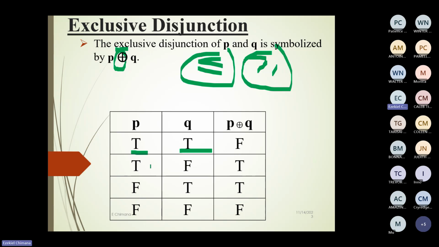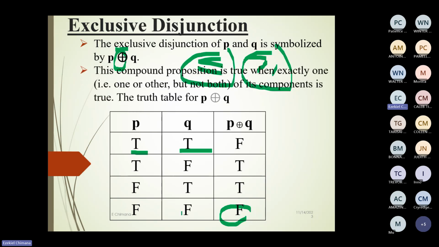It will be only true because we are using this one as an or, when either one of them is true or when they have different values. If it is false, false, then it will give you a false. So take note that it is only true whenever one of the inputs is true.